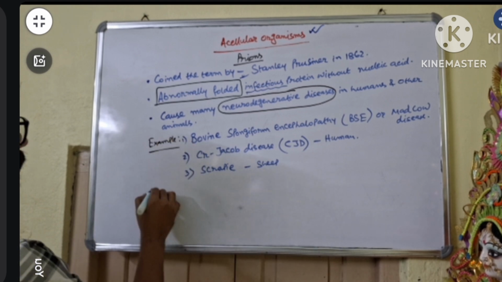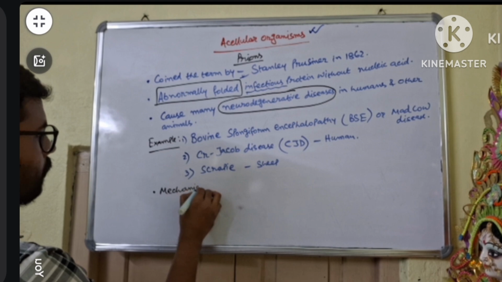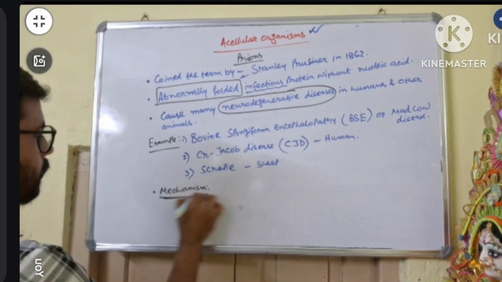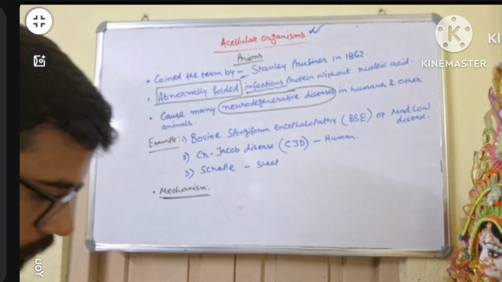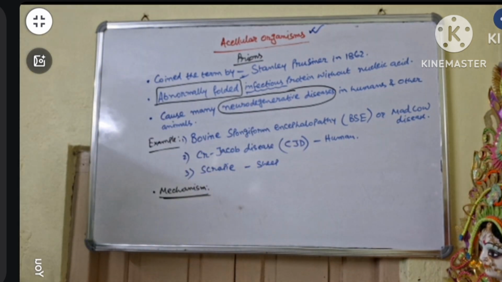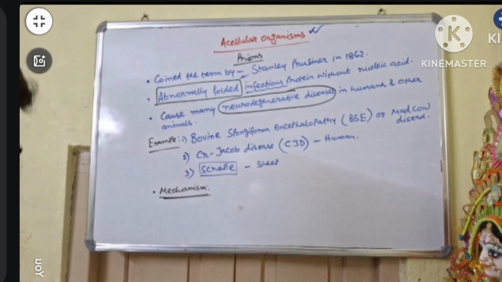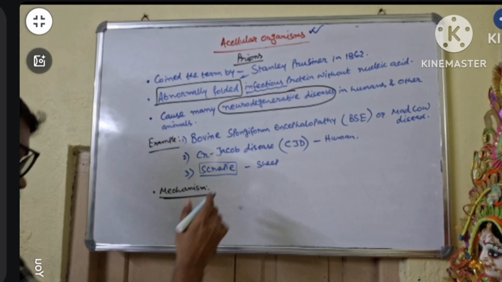Next similar question, how does a prion cause infection? The general mechanism, in a simple way. It is better understood in scrapie disease that occurs in sheep. Here, how can it transmit or cause disease?